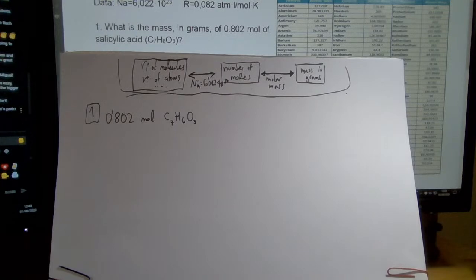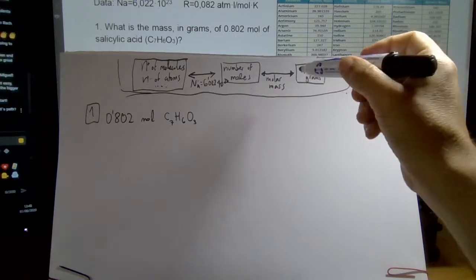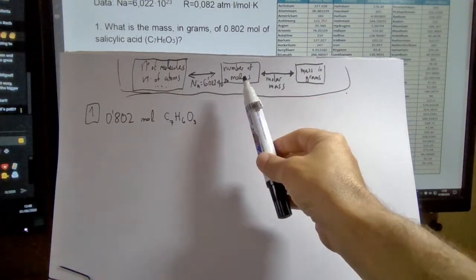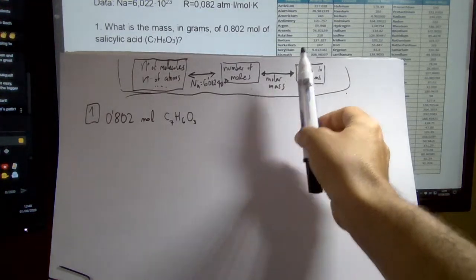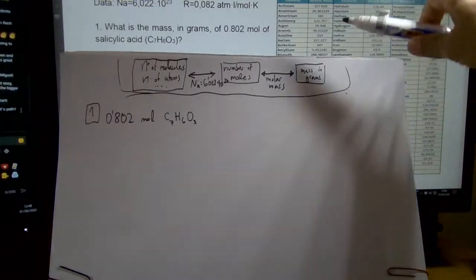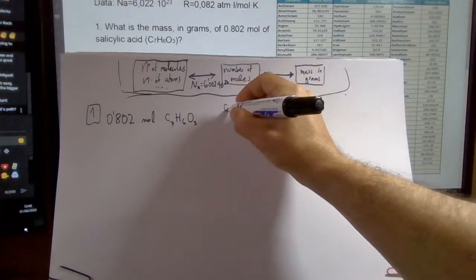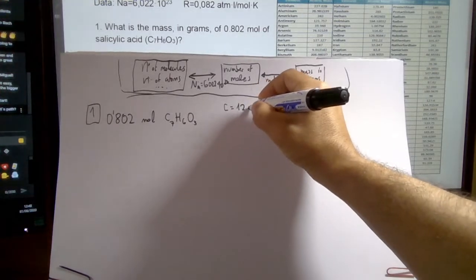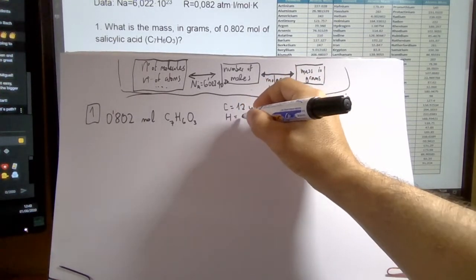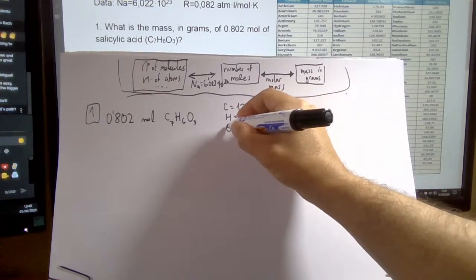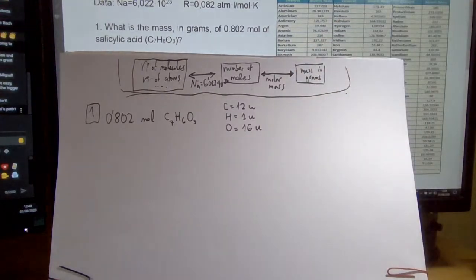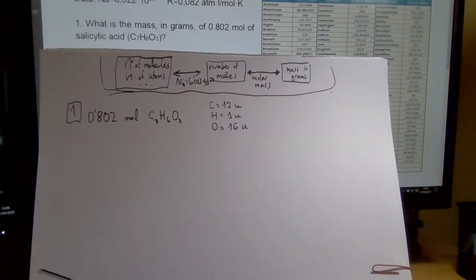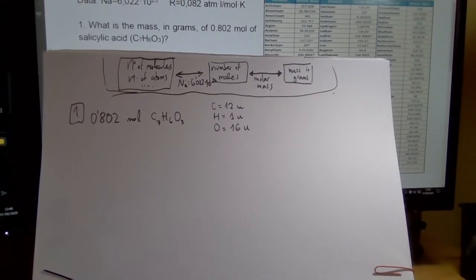Acetylsalicylic acid. Okay, so first we're going to calculate the mass in grams. So we need something. Here you have the table. You can find in the table that carbon is 12, hydrogen is 1, and oxygen is 16 atomic mass units.